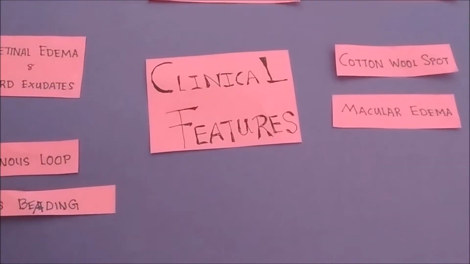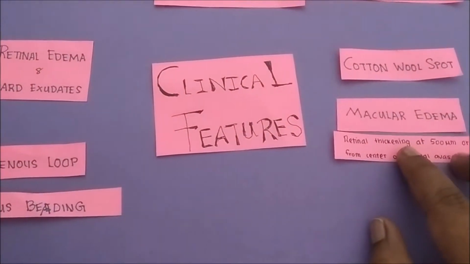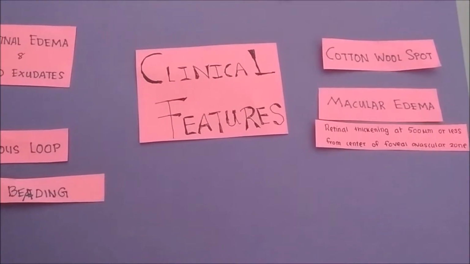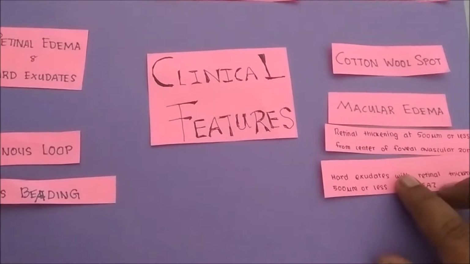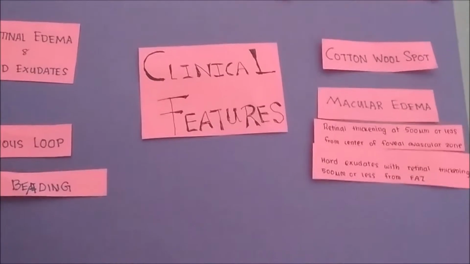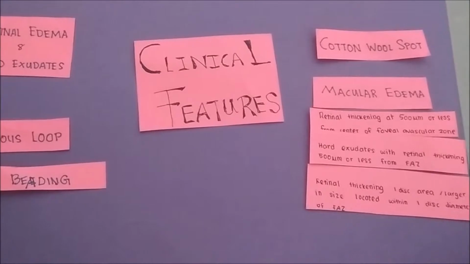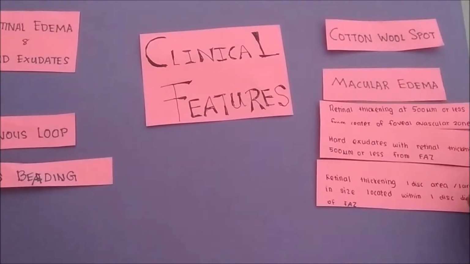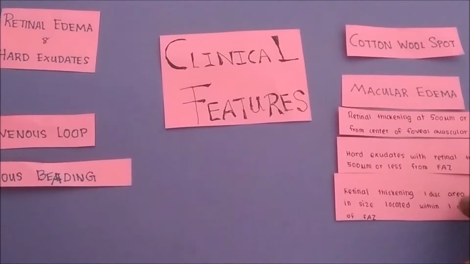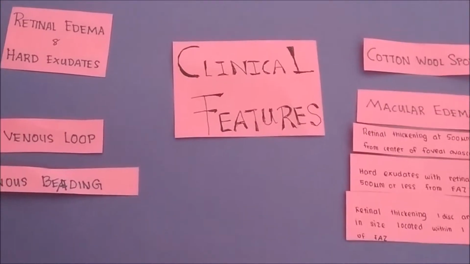Two types are: if there is any retinal thickening at 500 micrometer or less from the center of the foveal vascular zone, or if there is any hard exudates with retinal thickening 500 micrometer or less from the foveal vascular zone, or retinal thickening one disc area or larger in size located within one disc diameter of the foveal vascular zone. So these are known as clinically significant macular edema, and they need immediate action, immediate treatment to be taken.